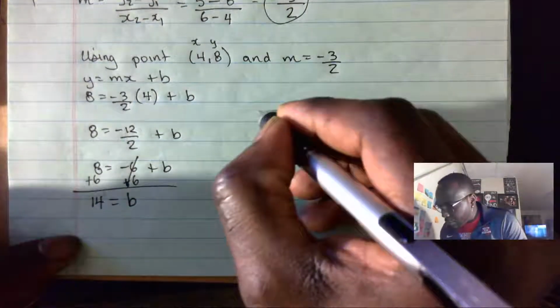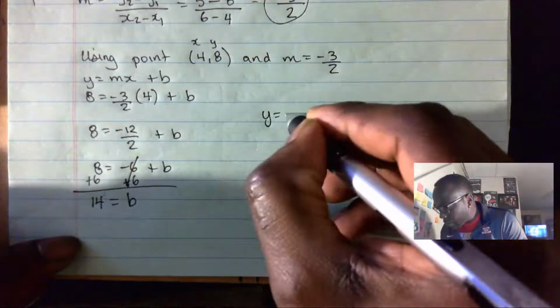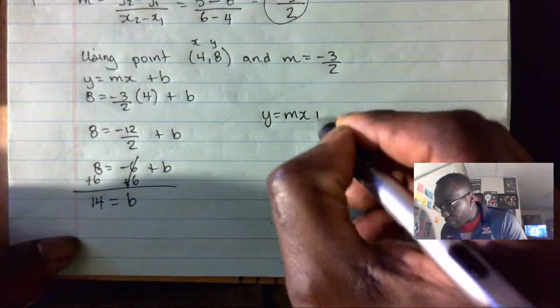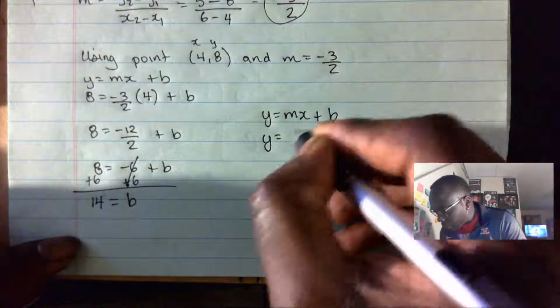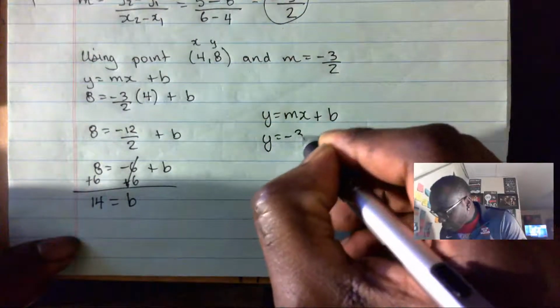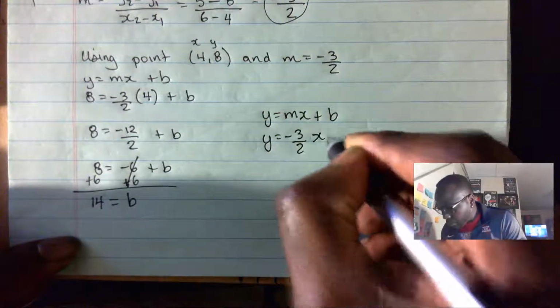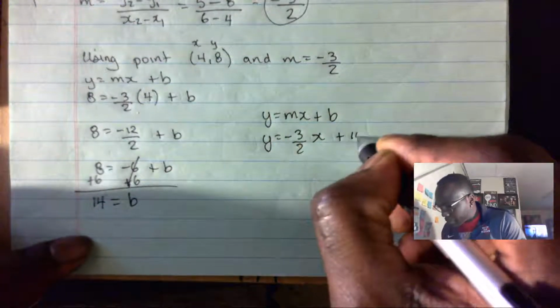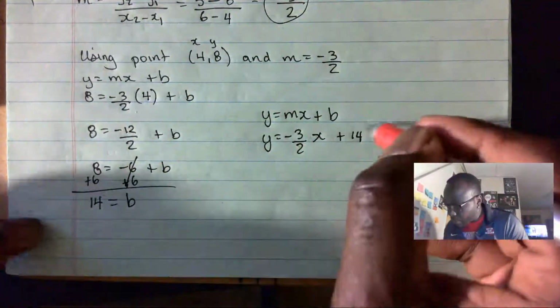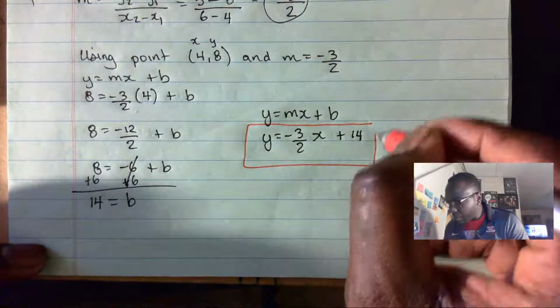So if y equals mx plus b, it's just going to be y equals m, which is negative 3 over 2, x plus 14. And this becomes my new equation.